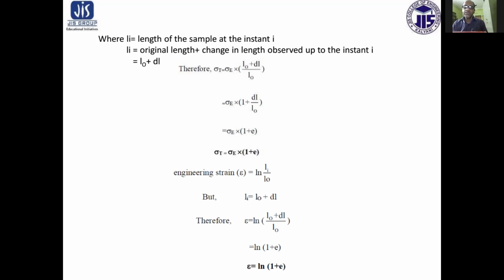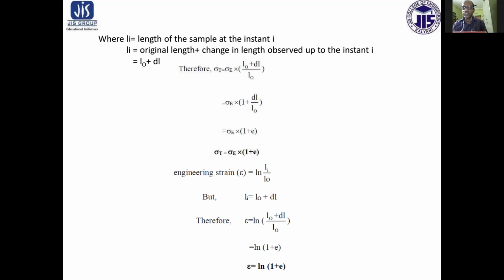Therefore, sigma T, the true stress, equals sigma E into L0 plus delta L by L0. Again, we can write sigma T equals sigma E multiplied by 1 plus delta L by L0. Now we know that delta L by L0 is the engineering strain. Therefore, the true stress sigma T we can write as sigma E, the engineering stress, multiplied by 1 plus the engineering strain, that is 1 plus e.